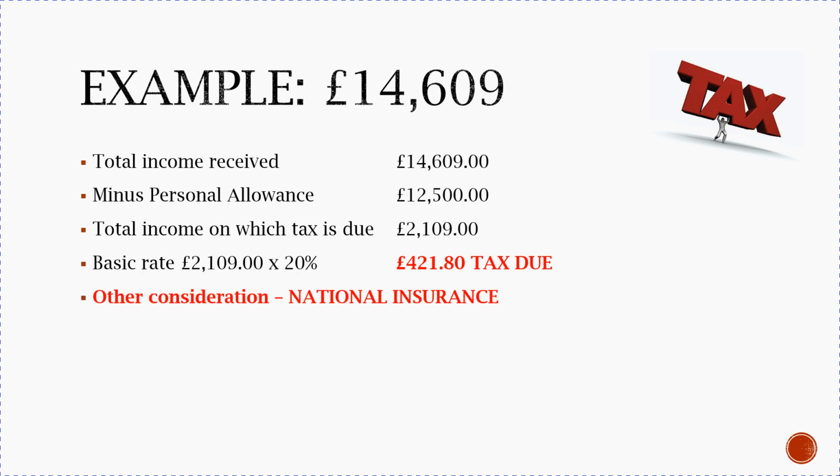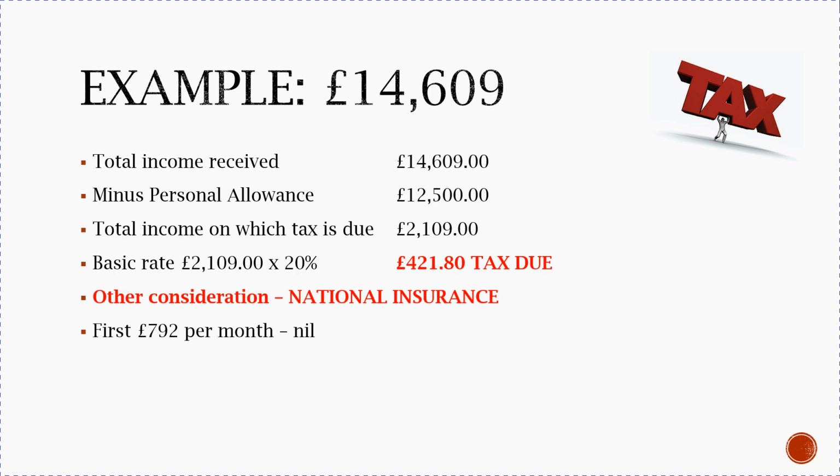Now, there is another consideration, being national insurance. These thresholds change each year, so just at the time of recording, roughly, this is just to give you a rough idea. I just want to give you an overview of how this whole thing works, so maybe you can understand your payslip a bit better, or make a decision as to how things work.